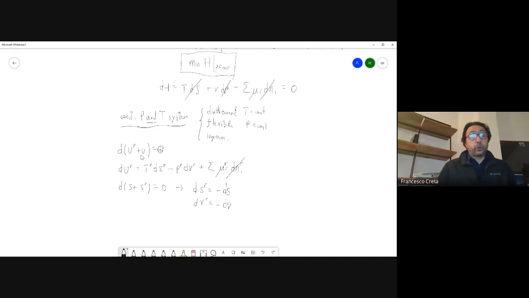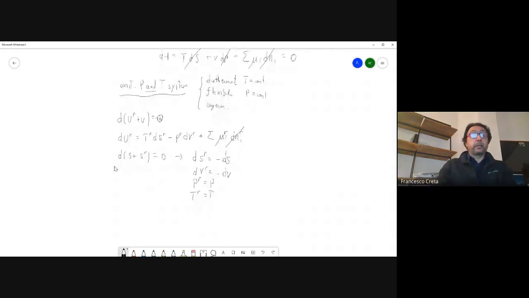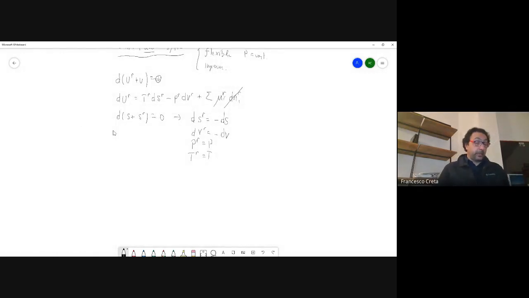Then we said that we chose the walls so that the pressure is constant, so there is equilibration between pressures and temperatures between the reservoir and the inner system. So dUR, if I substitute all of this, ends up being minus TdS, and again here it's plus PdV.